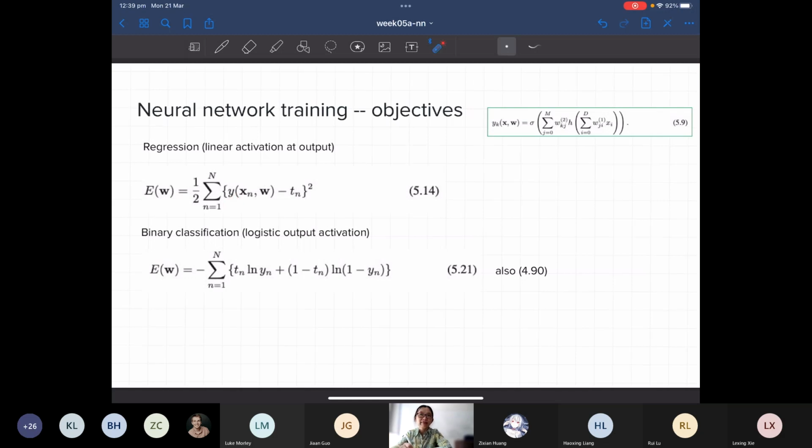But if we sweep k under the carpet, for a single regression output, it's basically this, right? y of xn comma w minus tn, where subscript n is over the training data. Well, square loss, or basically the log likelihood of a Gaussian output.